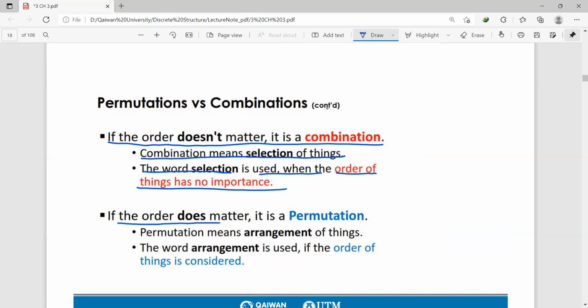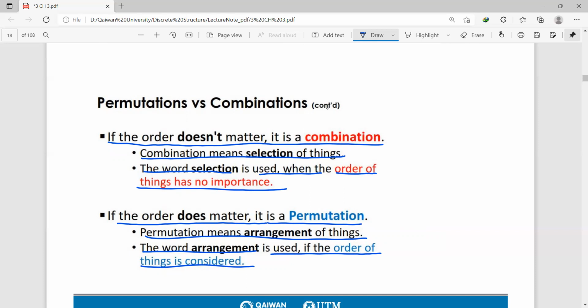If the order does matter, it is a permutation. Permutation means arrangement of things. The word arrangement is used if the order of things is considered.